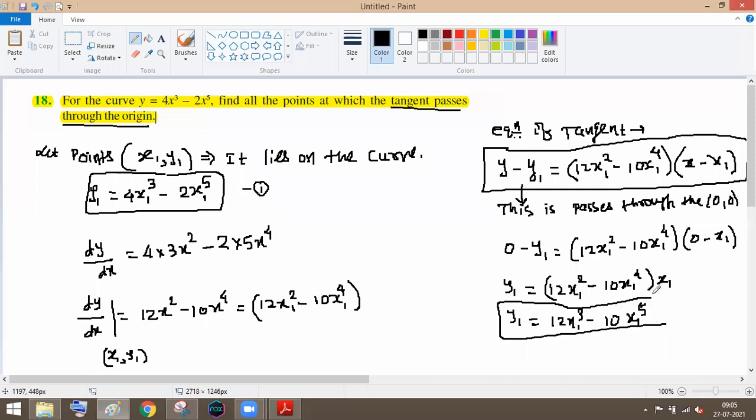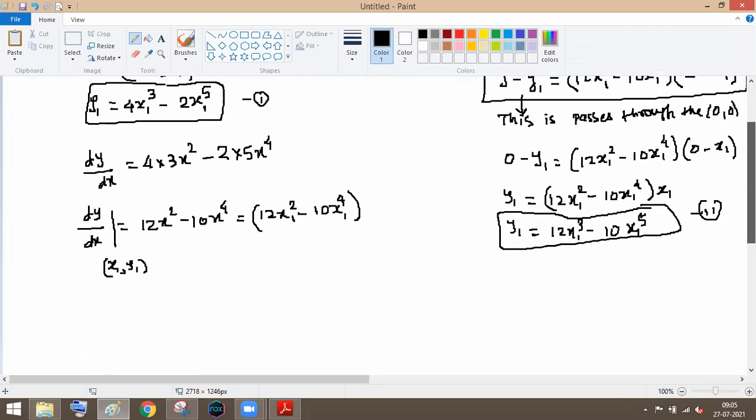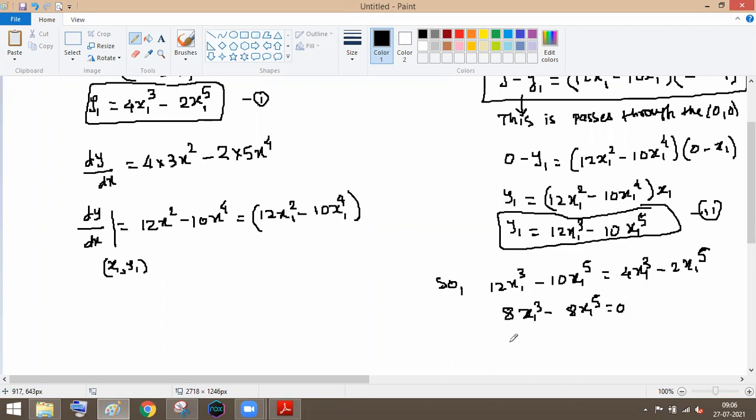And can we say that this is the second equation? If you look at the first equation and second equation, their left side is the same. So can we equate the right sides? That is 12x1 cube minus 10x1 to the power 5 is equal to 4x1 cube minus 2x1 to the power 5. Now if I take this term to this side, I'll get 8x1 cube minus 8x1 to the power 5 equal to 0.